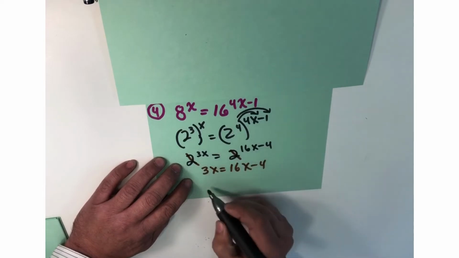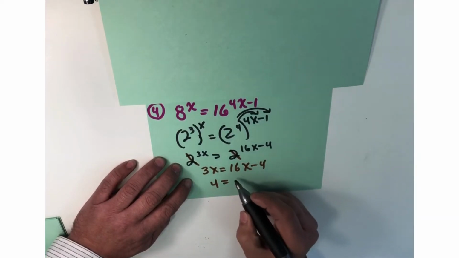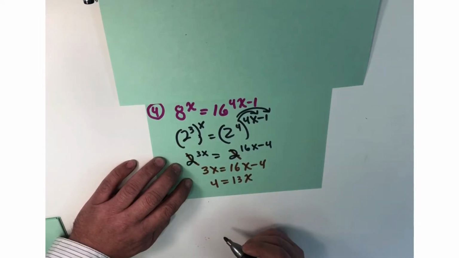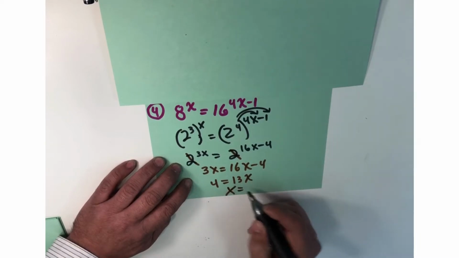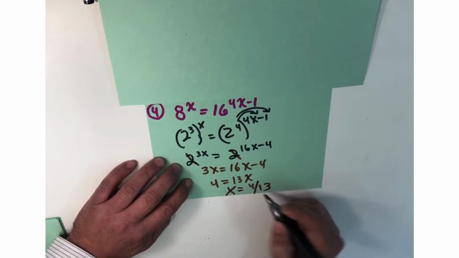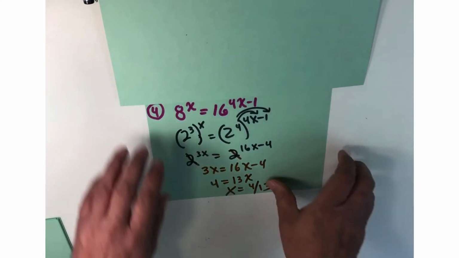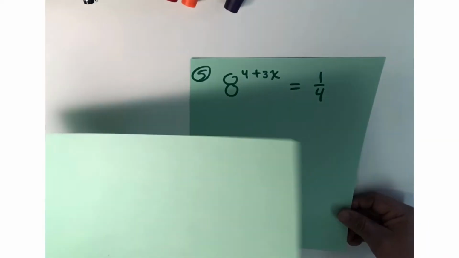I can move the 4 over this way and subtract the 3x, which will give me now minus 3 is 13x. So what will I get for this one? An ugly looking fraction, and because I know you guys don't like fractions, but it's still beautiful. Check that out, 14 over 3. And that's number 4. Okay. Number 5, I'm going to give myself a little bit more space here.